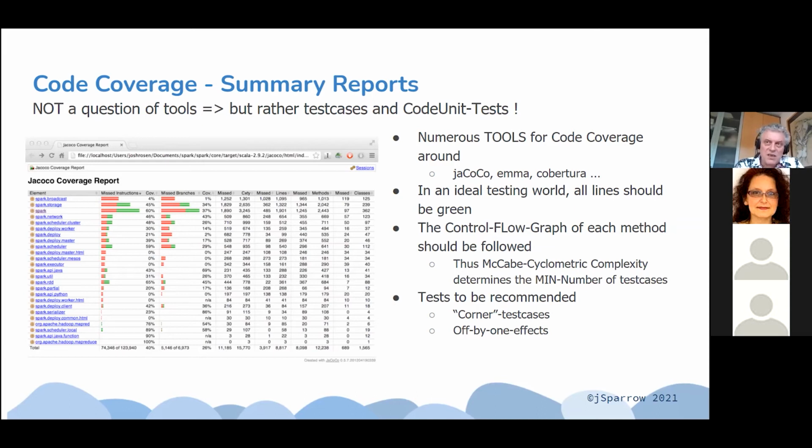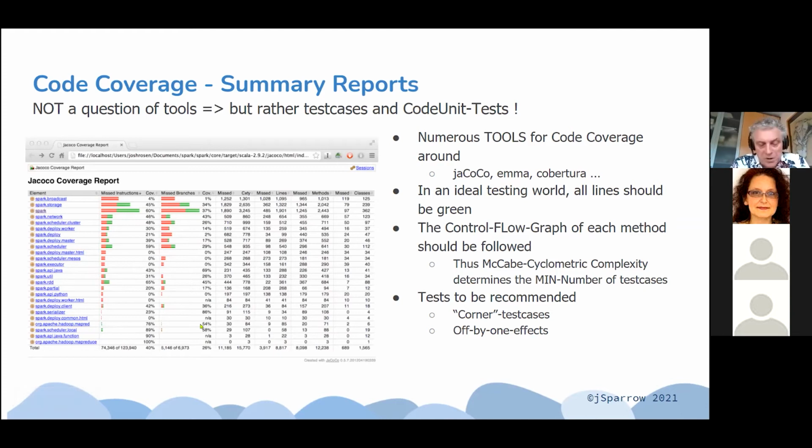If you have test cases, and the most important thing is how to come to these test cases, then it's rather simple. If you integrate them into a continuous integration like Jenkins or whatever, you have a lot of tools which do some bytecode instrumentation, and they count and provide you with interesting reports with a lot of red and green and other colors.